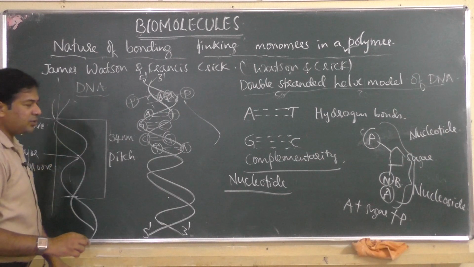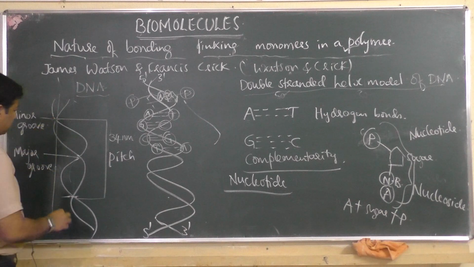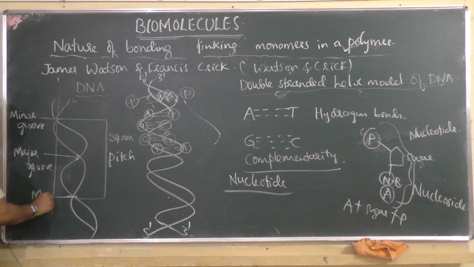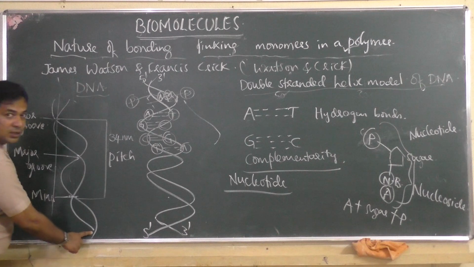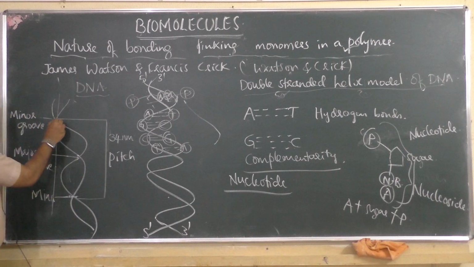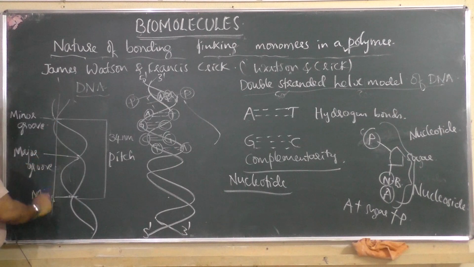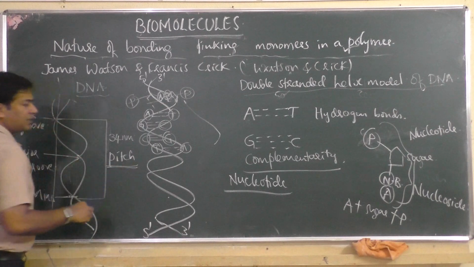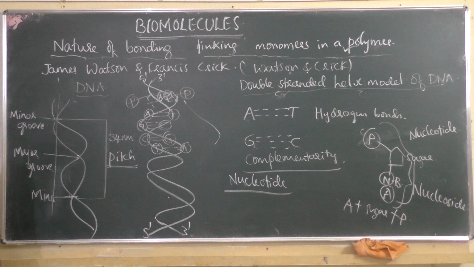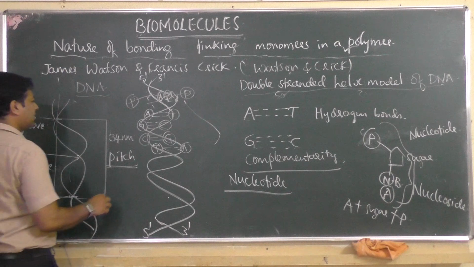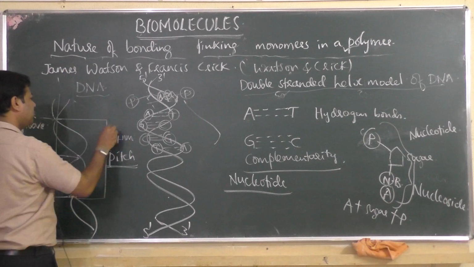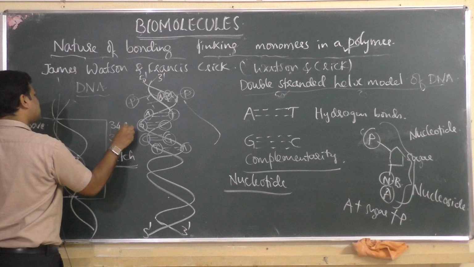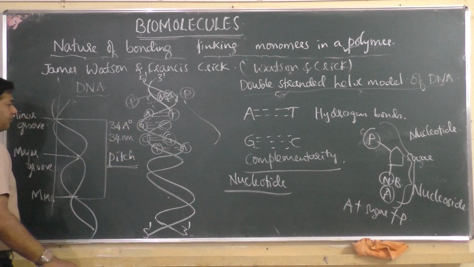In between two minor grooves, one major groove comes. Here also, this is one minor groove, then here comes the major groove, then again a minor groove comes. So the distance between two minor grooves is called one pitch of DNA, and the length of the pitch of DNA is 34 nanometer, or you can also say 34 angstrom unit.